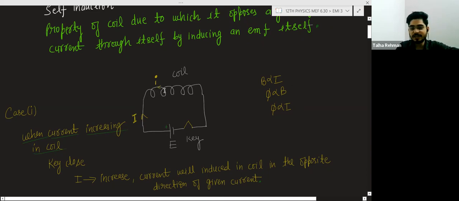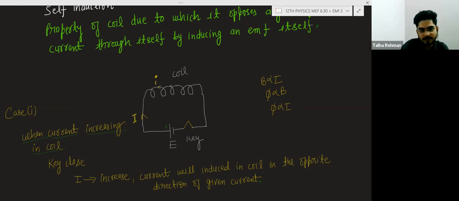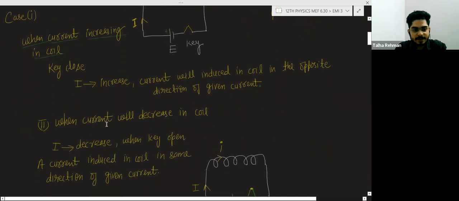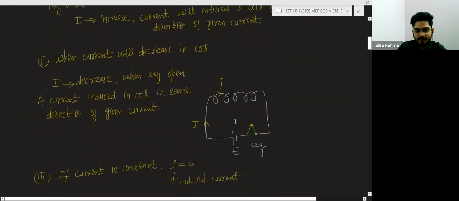Induced EMF will be there, induced current will be there, but that time the induced current will be in this direction, in the same direction as the given current. So here I have written: when current decreases in the coil, when the key is open, a current is induced in the coil in the same direction.